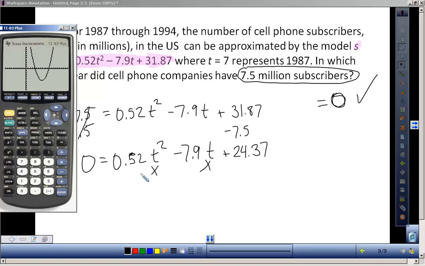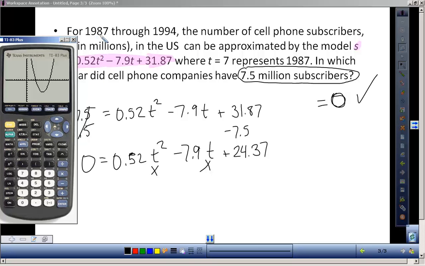I want to find my x values. So let's take a look at both of these answers. If I'm looking at this one, this looks like 1, 2, 3, 4. And this is where we need to use a little common sense. This is pretty close to 4. And this one looks like 5, 6, 7, 8, 9, 10, like pretty close to 11.